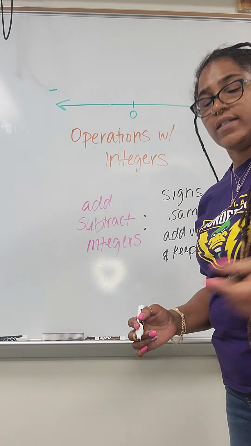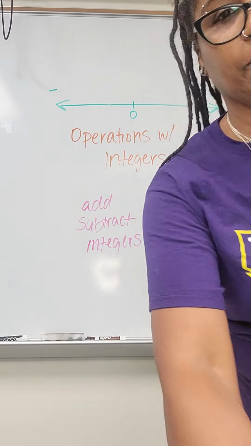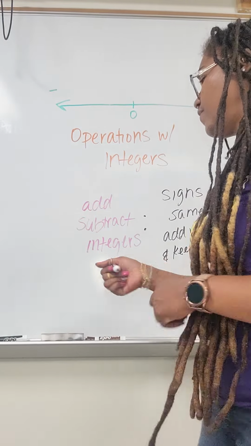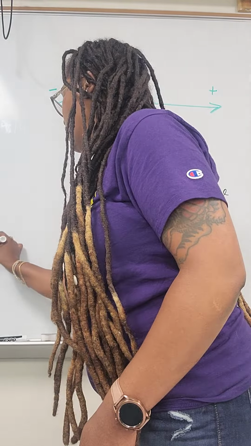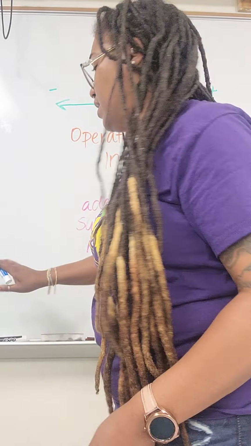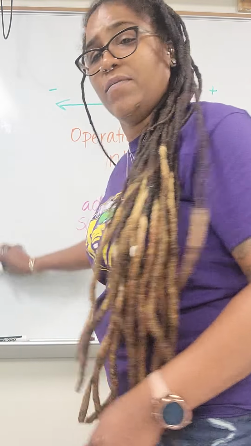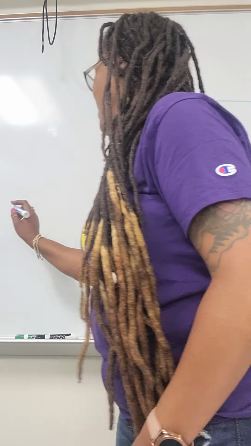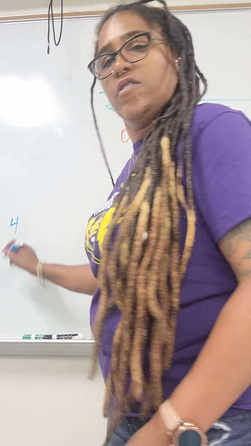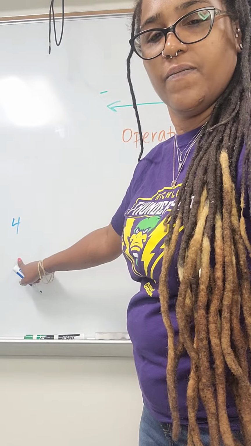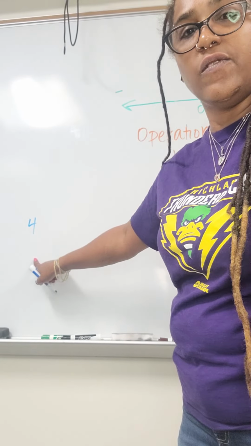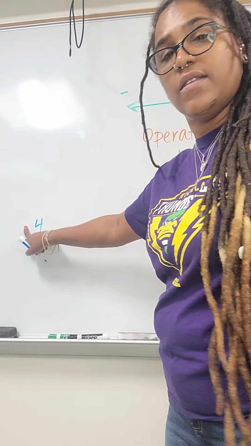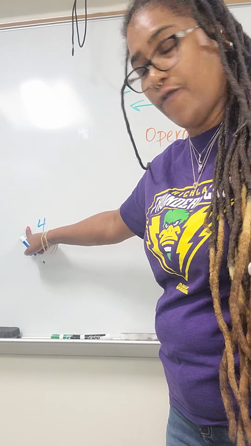So what that means is, let's just say that we have a 4, and remember, you can't see the 4, or I can't see the 4 on my screen. Let me see, there we go. If we have 4, and this 4 written here, you don't see a plus or a minus in front of it, right? So we know that this is a positive 4.